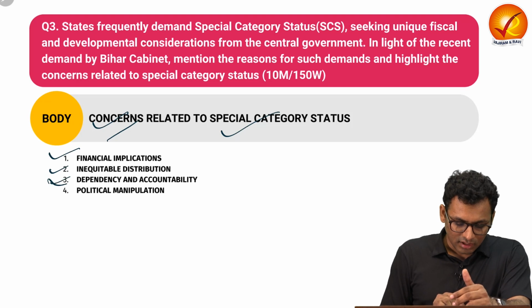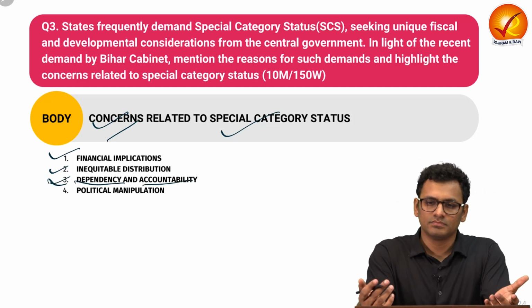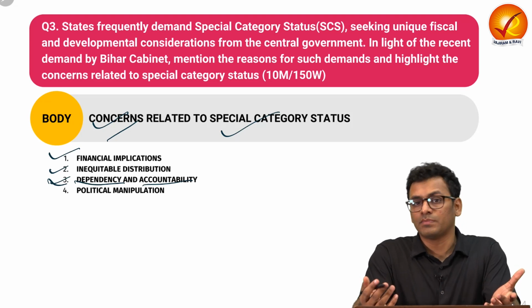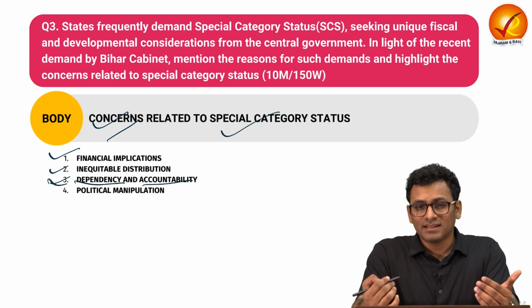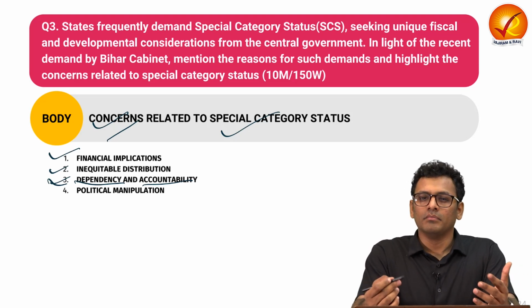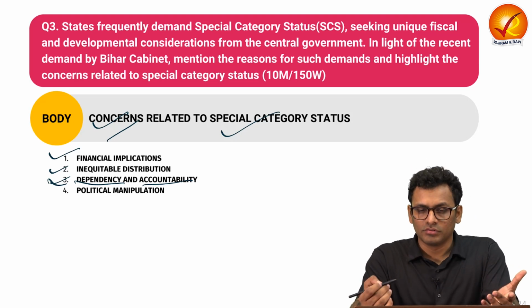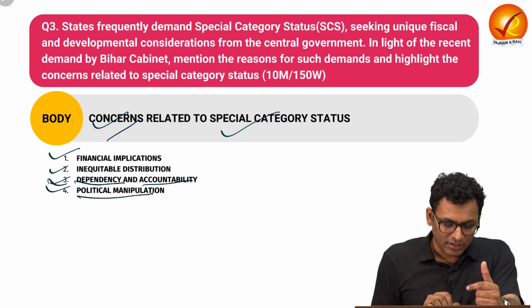The third part is dependency and accountability. In the past, we have seen that there are several states which have been accorded special category status, but despite that, they are not able to uplift themselves because of dependency and issues with respect to accountability. The last is political manipulation.